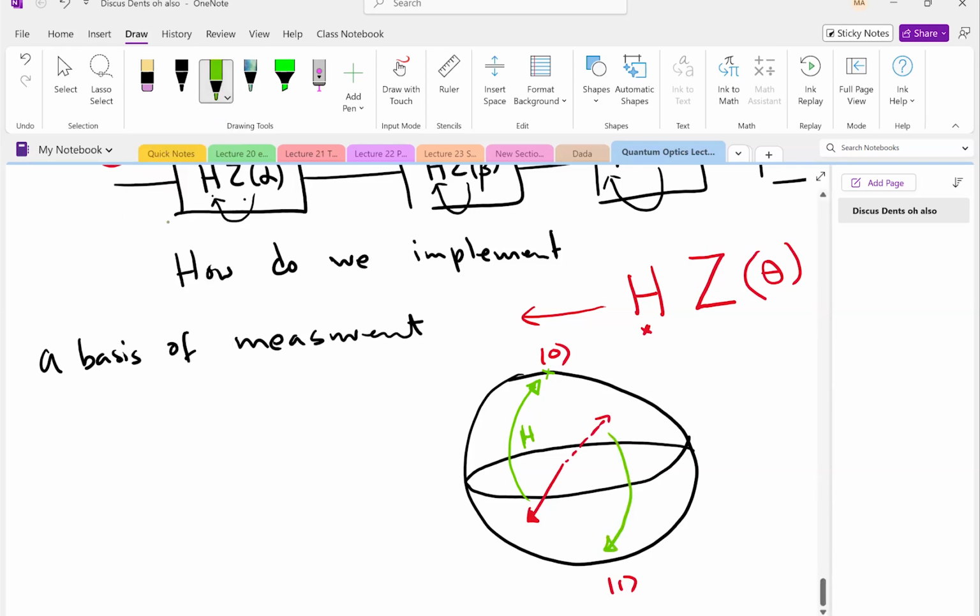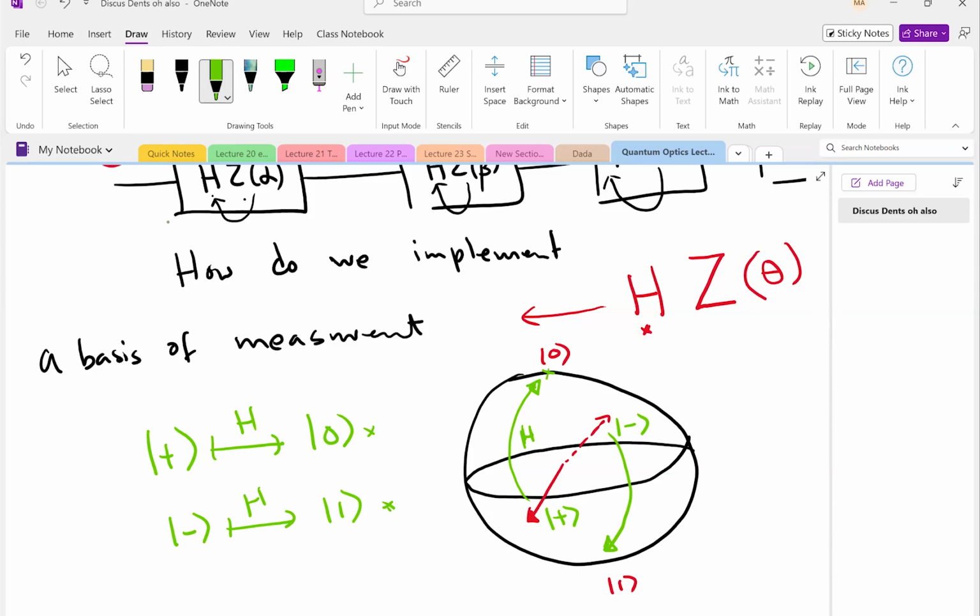So you will get ket 1. So if your state is ket plus, the Hadamard will take it back to ket 0. If your state is ket minus, the Hadamard will take you to ket 1. And these are the two distinguishable states that can be discerned in a measurement. So the Hadamard gate is really taking your states to the measurement basis.